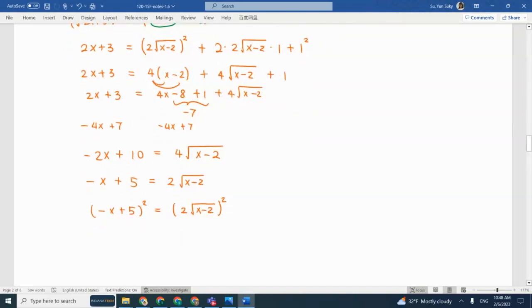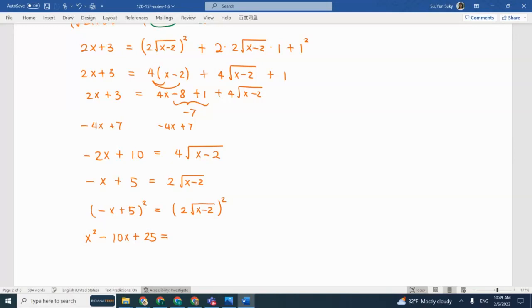Alright. Negative x plus 5, squared. What is that? x squared minus 2 times 5, which is 10x, plus 5 squared, 25.